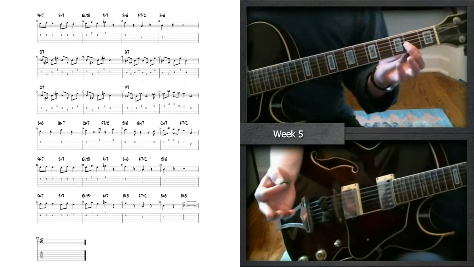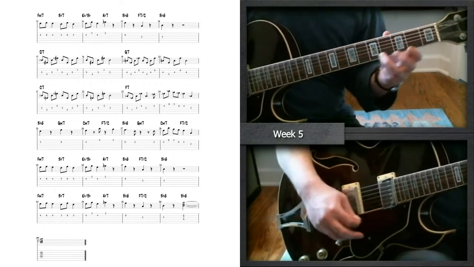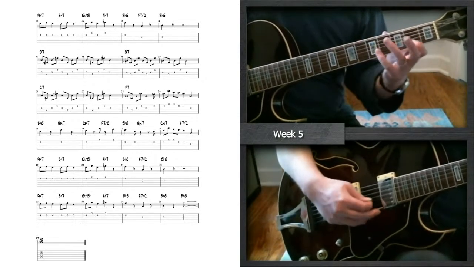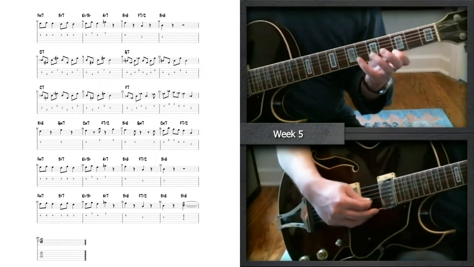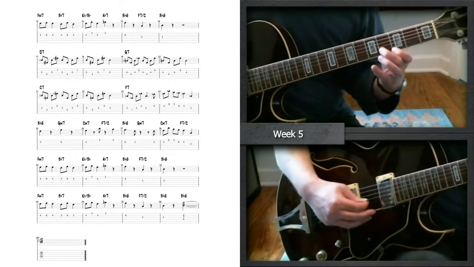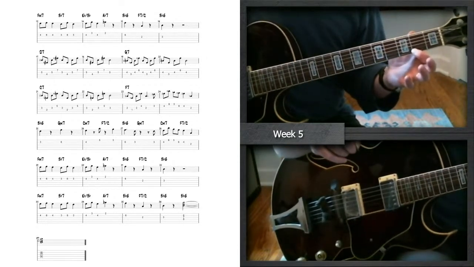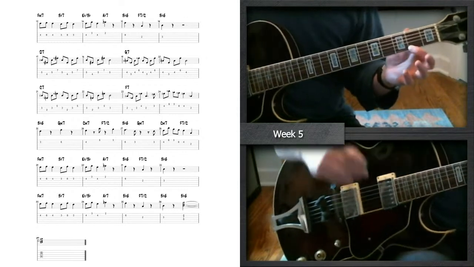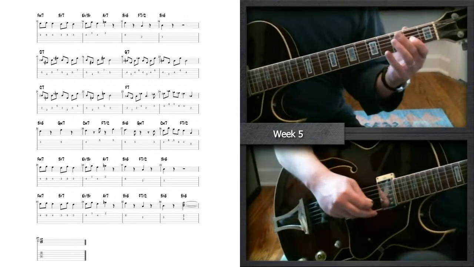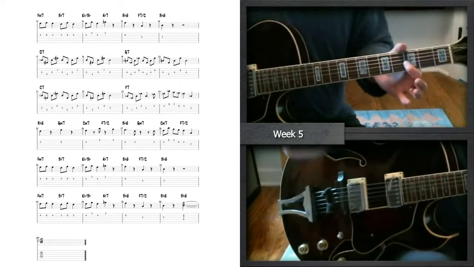Now we're back to the A section again. It could be a flat 7 or it could be a minor 4, depending on how you hear it, right? And then bum, bum, bum, right? So there's our melody, right?